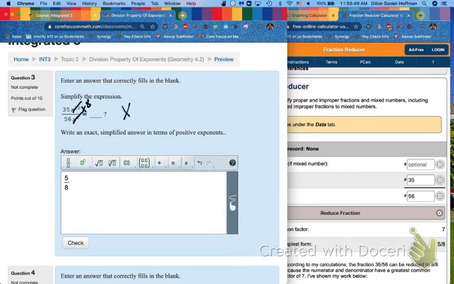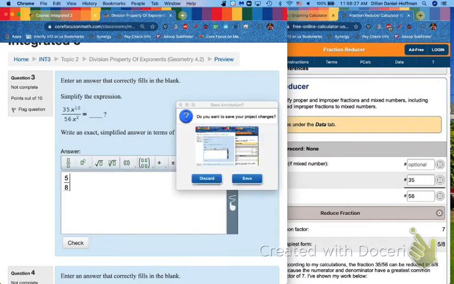And sure enough, it's the same thing as doing, if I just was to subtract the 10 from the 2, I would get x to the 8th.